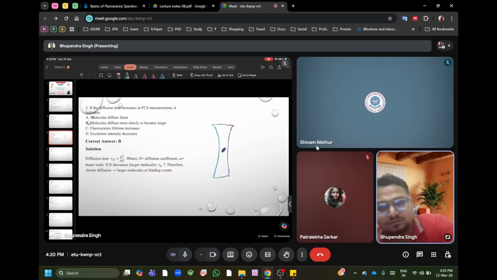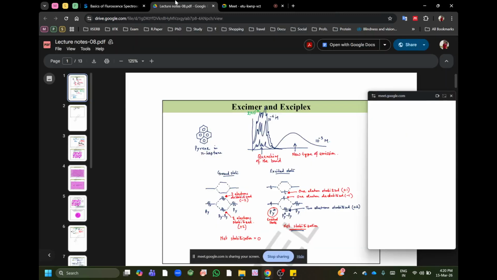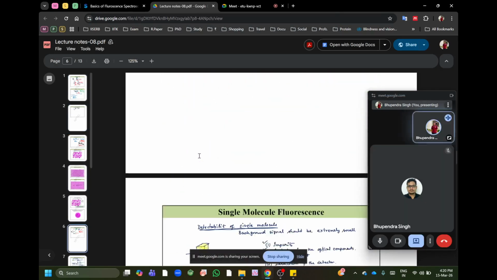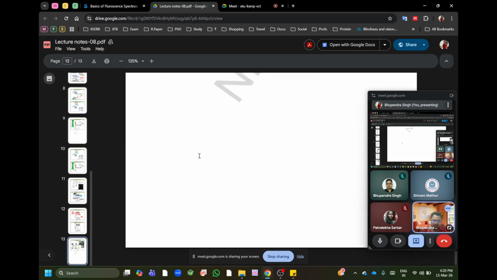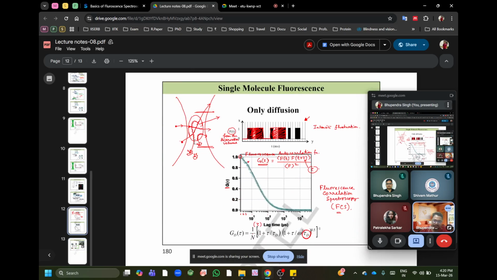Also in such lecture, let me share this again. Here, see this, I have drawn this. One molecule is passing like this. It will take some time. But this molecule is passing from here. It will take much less time. This molecule is going like this, here and here. It will take much more time. And that fourth molecule is just going inside the observation volume and coming out.